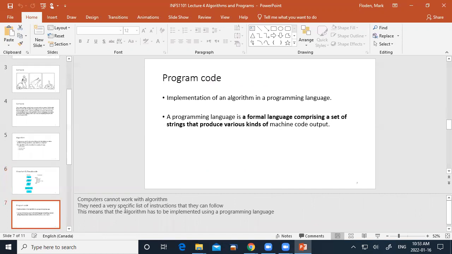They need to have it explained to them in a computing language, because computers only work with zeros and ones. When we put something into a computer language, we have associated with that language a way of converting it to zeros and ones instructions.